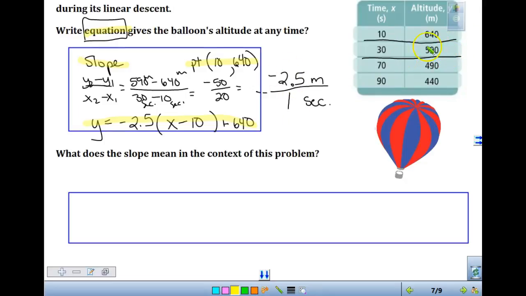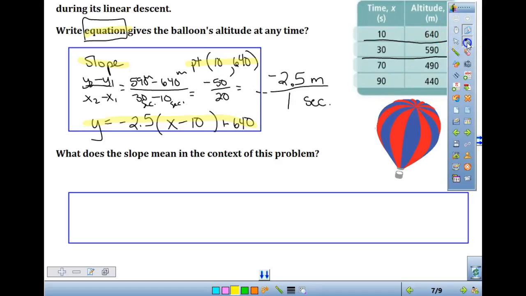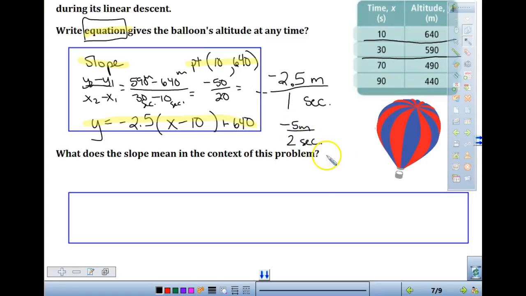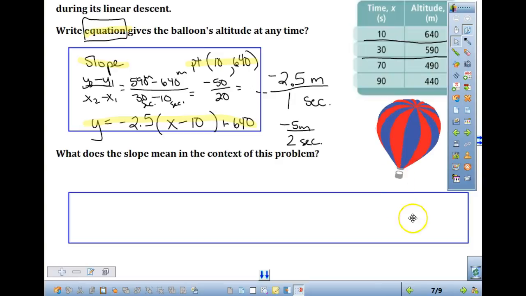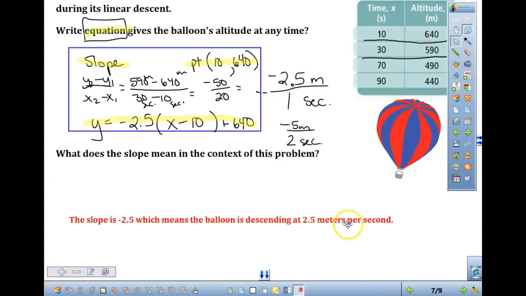And we kind of answered that up here, and that we don't want to necessarily leave it as -5/2. Could you leave it as -5/2? Would that be incorrect? If you said -5 meters per every 2 seconds, that would be fine too, right? Because you're explaining it, or -2.5. What does that negative mean? That we're doing what? Going down. We're going down, right? We're descending. So, slope of -2.5 means it was descending 2.5 meters per second.